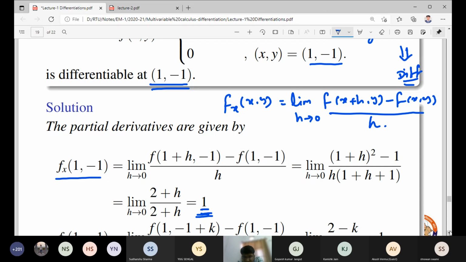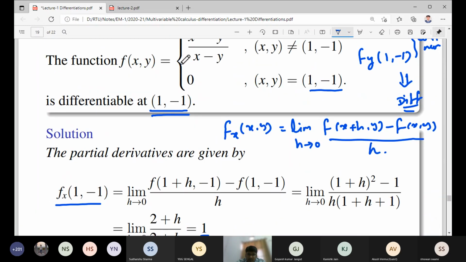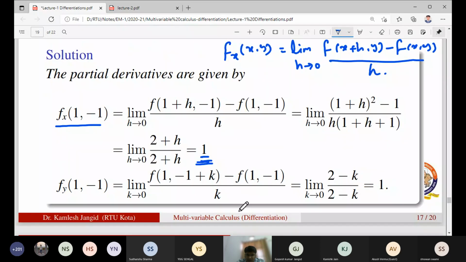Similarly, we can find the partial derivative fy at the point (1, −1), which is defined as the limit as k approaches 0 of [f(1, −1+k) − f(1, −1)]/k. If we put x equals 1 and y equals −1+k in the given function, after simplification we get that the limit is equal to 1.